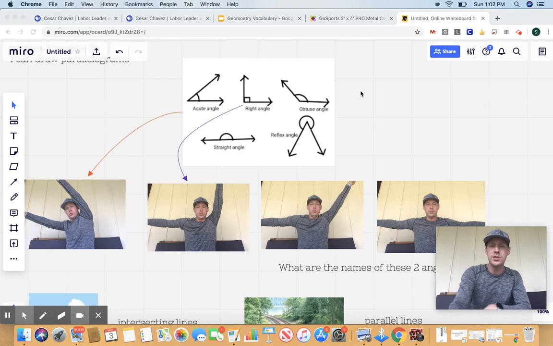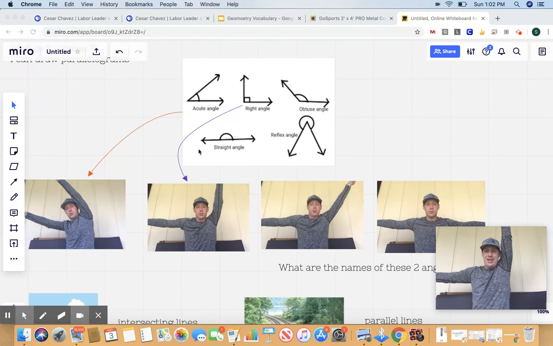Yeah, go ahead and use this chart up here for reference to help you. We just named this one, and now we're naming this one. That's right, it's a straight angle. This angle measures 180 degrees. And that makes sense, right?